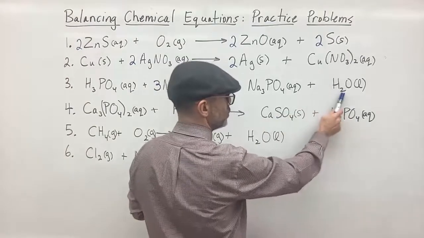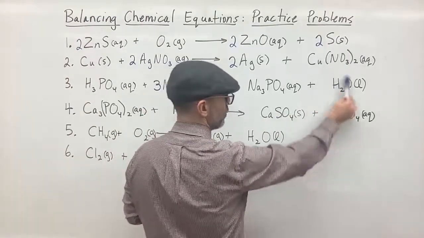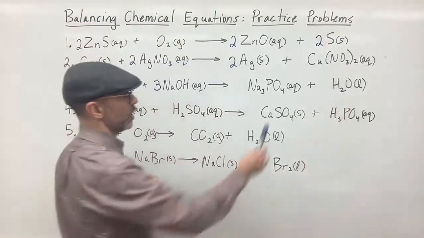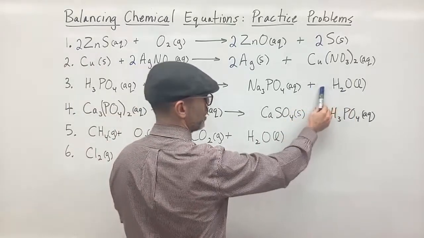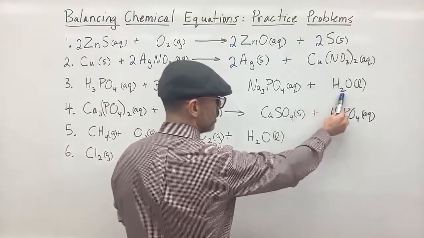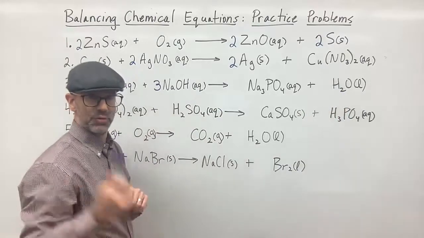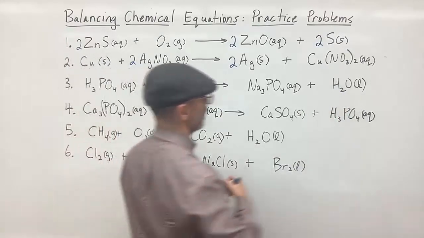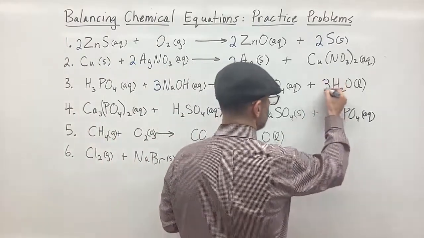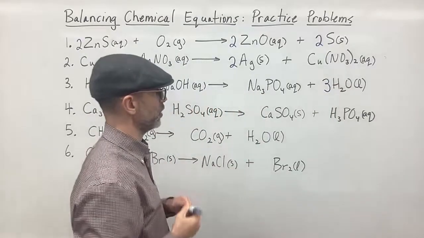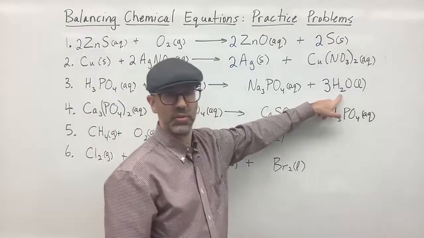So what times 2 is going to give me 6? So if I had 6 hydrogens, what coefficient would I put in front of here? This times this would give me 6. And if you said 3, you are correct. So here, I need to put a 3. So now 3 times 2 gives me 6.